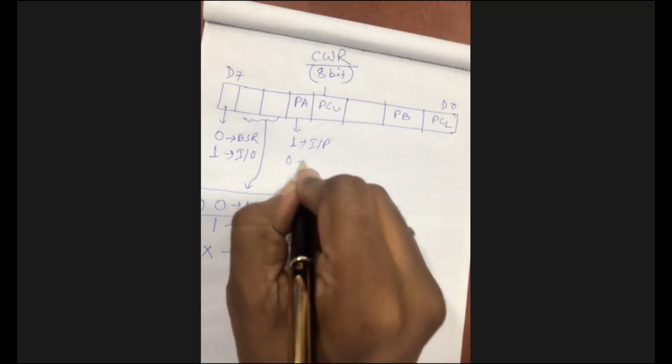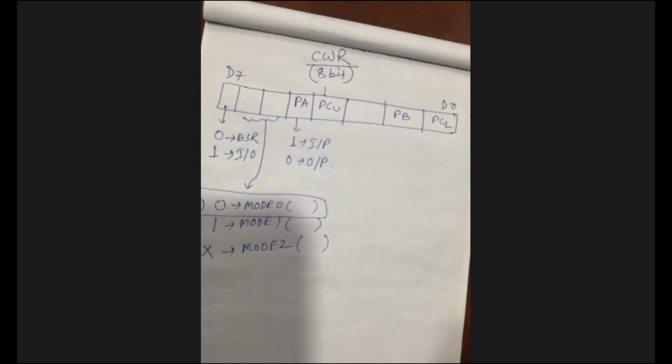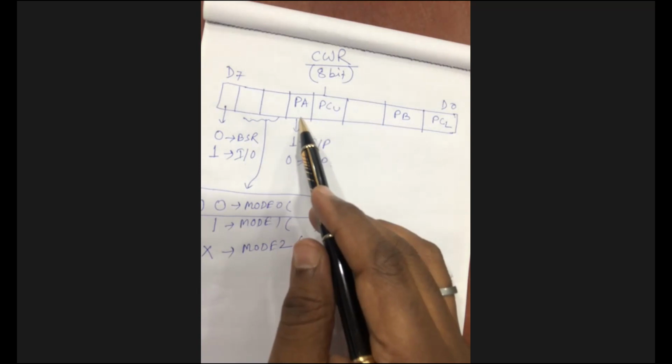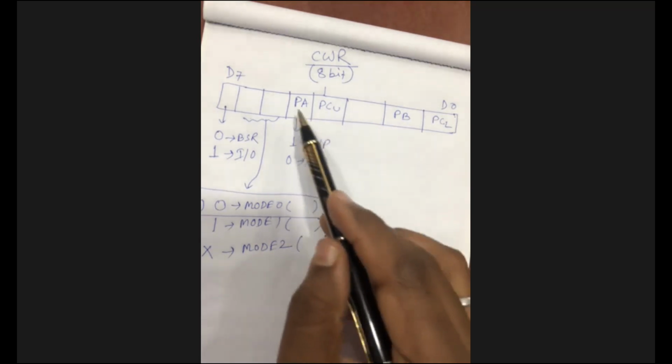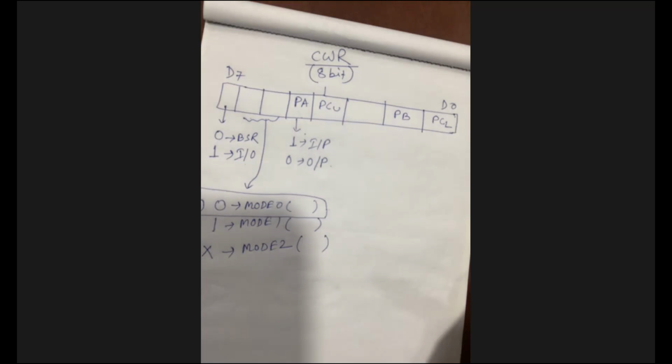If this bit is 0, it means output. Is it clear or not? Port A, whether it will be used as input or output, is decided by this bit. If I give 1 over here, it will be input. If I give 0 over here, it will be output.